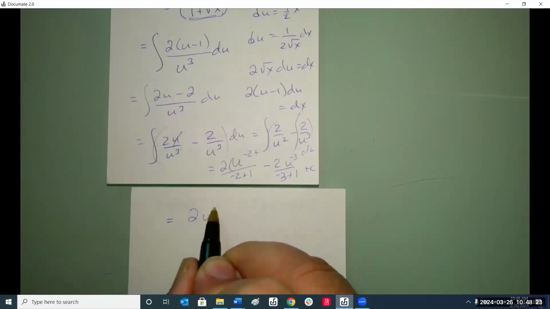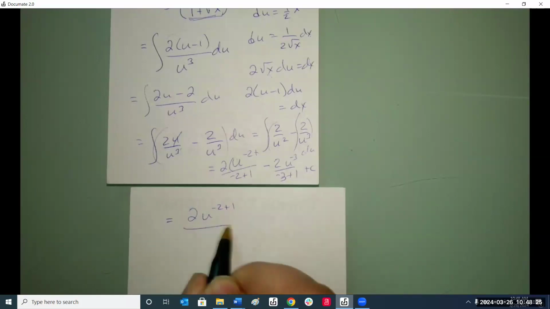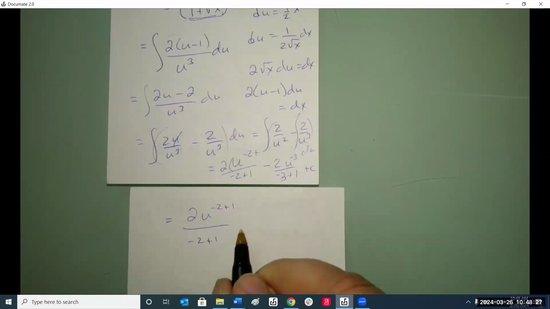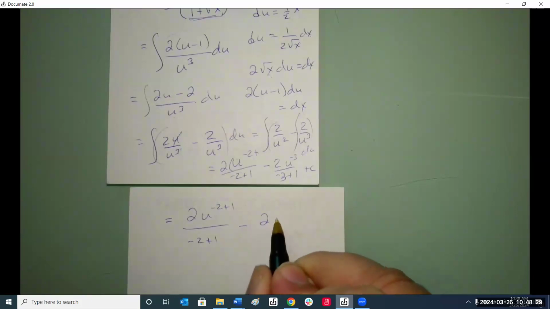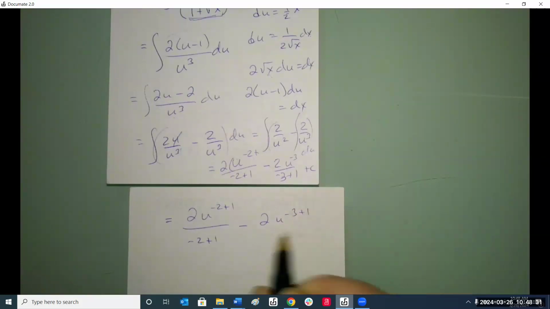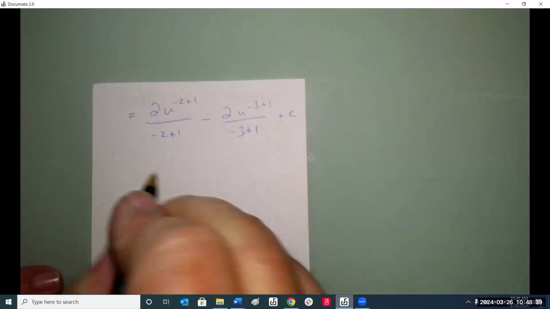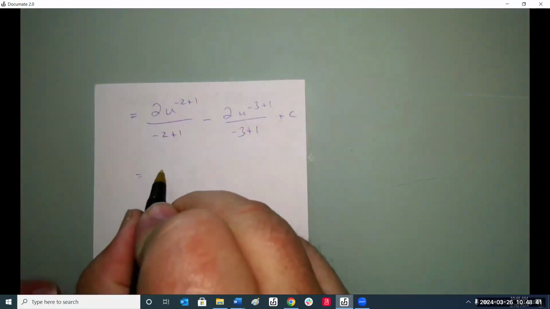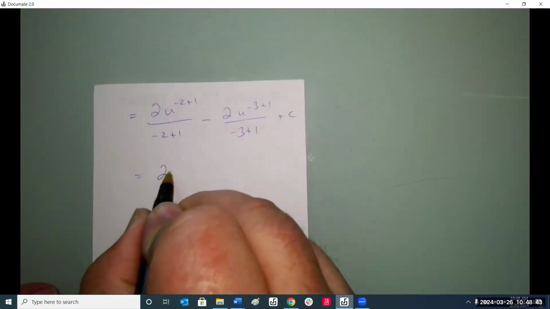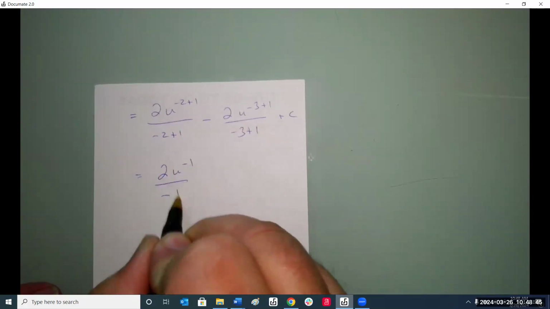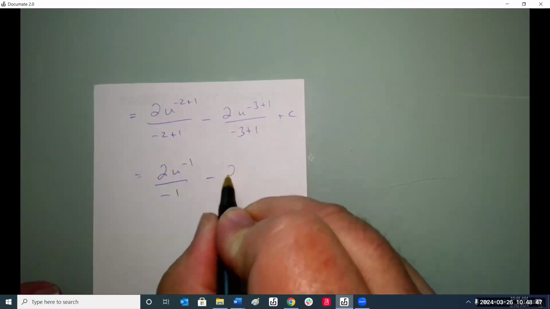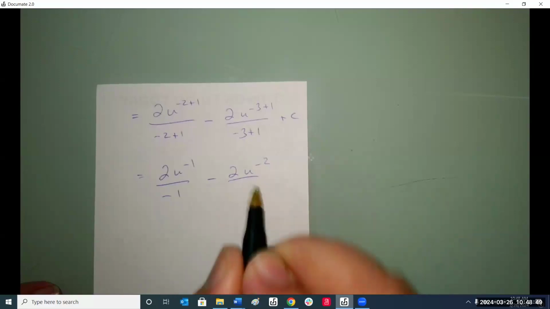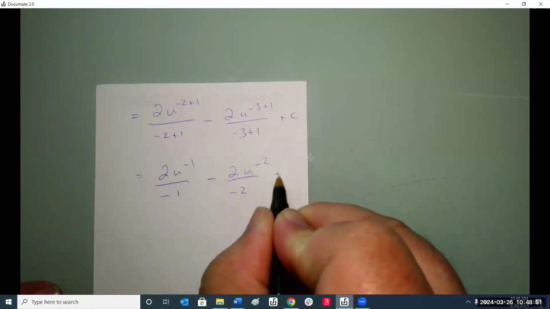Because we're doing the integral, we have to add the plus 1. So this becomes 2u to the negative 1 over negative 1, minus 2 u to the negative 2 over negative 2.